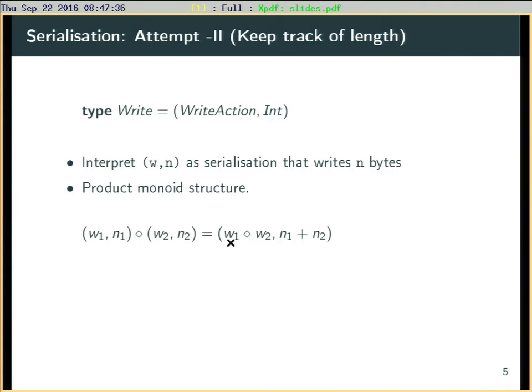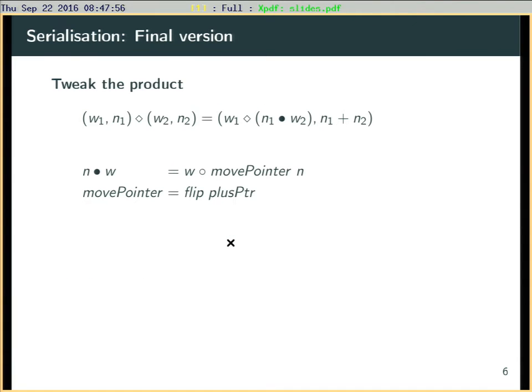And notice that the lengths get added up, so we are doing fine on the length side. But W2 still overwrites. So what do we do? Okay. So what I'm going to do is take the same monoid structure and just tweak it a bit. Okay. So this is the tweak.